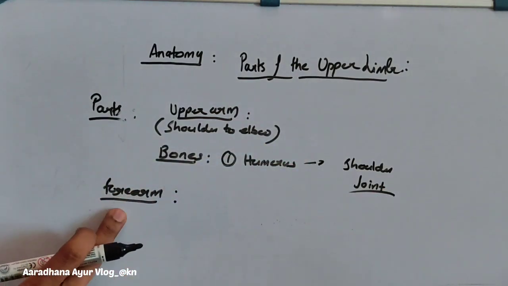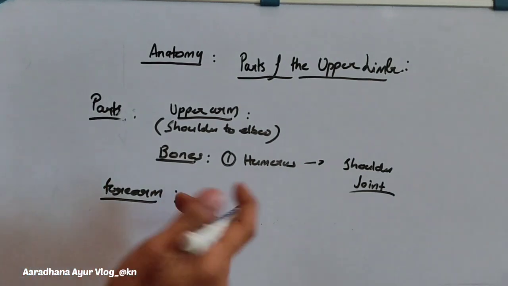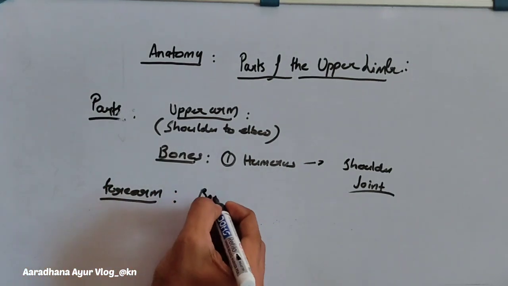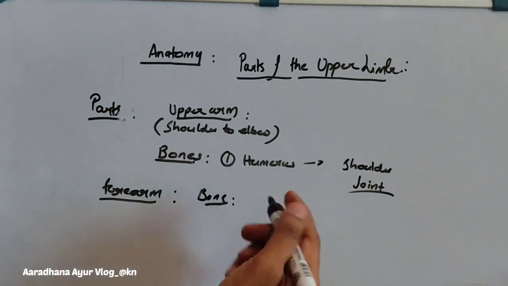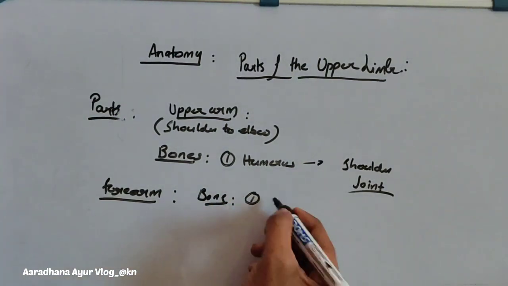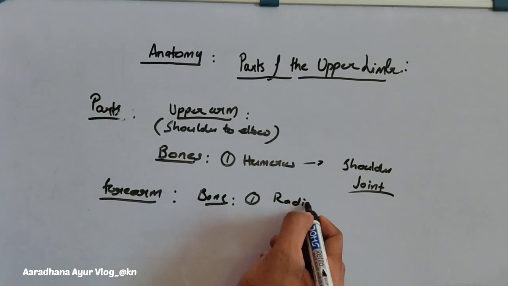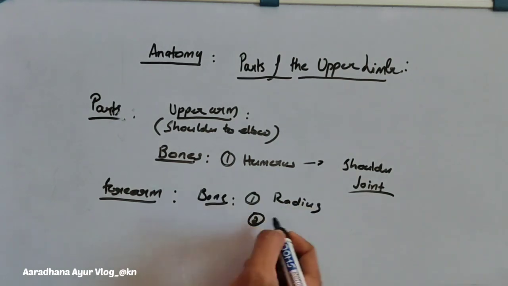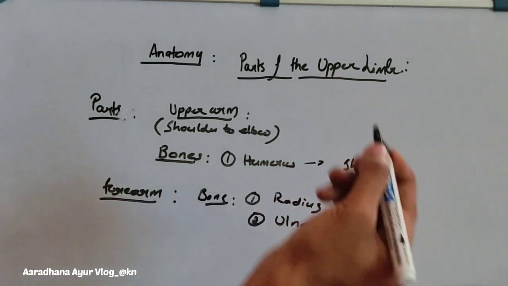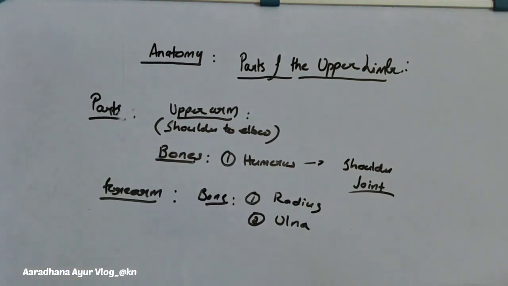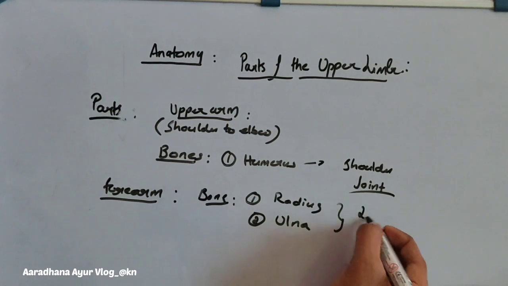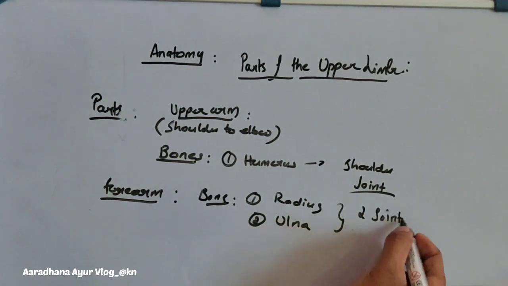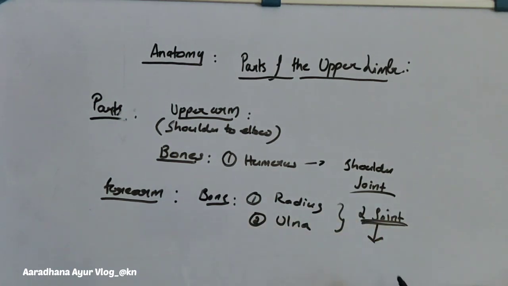Here the bones I had discussed already, that is the radius and the ulna, and here they make two joints.